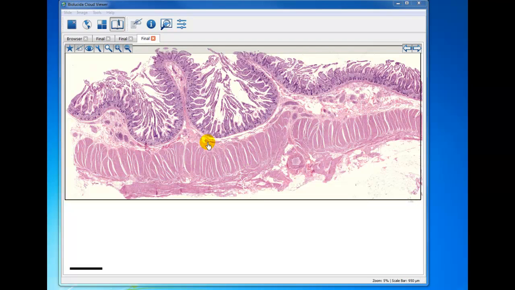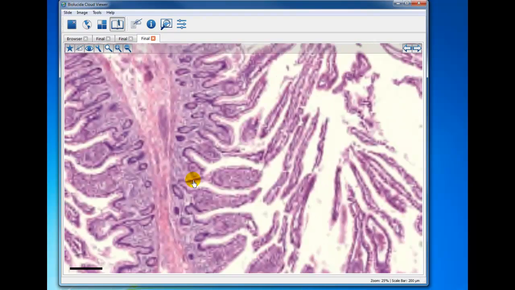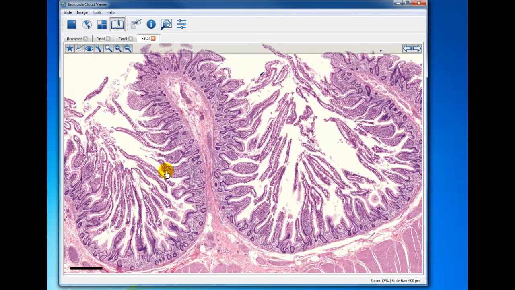And here could be another specimen. We're looking at this and asked to identify these structures. Hopefully you recognize these as villi. So this puts it in the small intestine. It could be either duodenum, or it could be the jejunum or ileum. We don't ask you to differentiate between the ileum and jejunum, but we do ask you to differentiate between the small intestine, large intestine, and the duodenum.